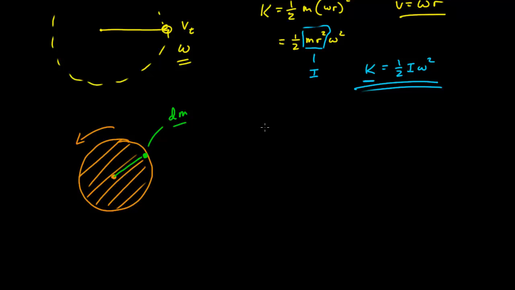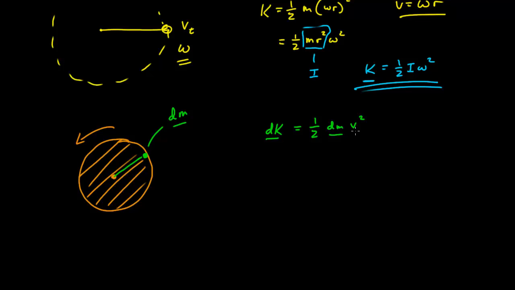This small piece of mass has a small piece of kinetic energy, which I'll call dk, and it's equal to 1/2 the mass, which is dm, times the velocity of the mass, v squared. That's just kinetic energy, 1/2 mv squared. Nothing unusual. I've got the dk and dm just to remind myself that it's a very small amount of mass, and so it has a very small amount of kinetic energy.